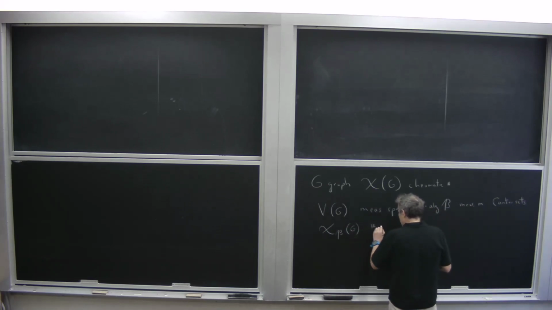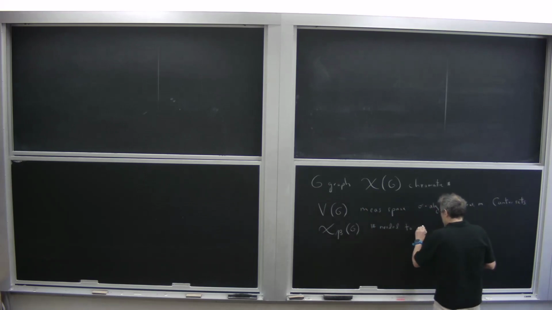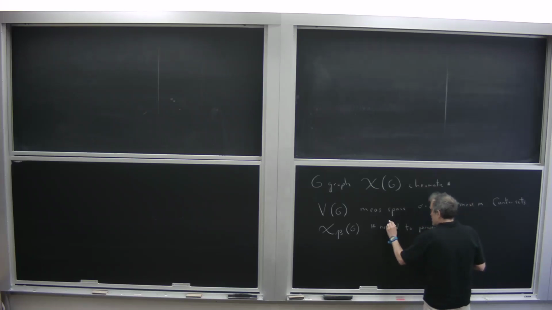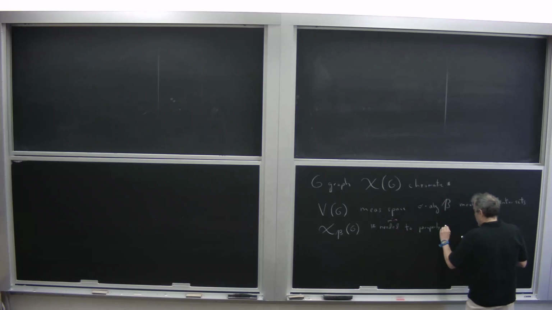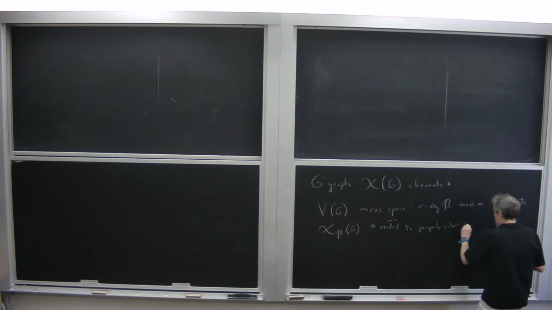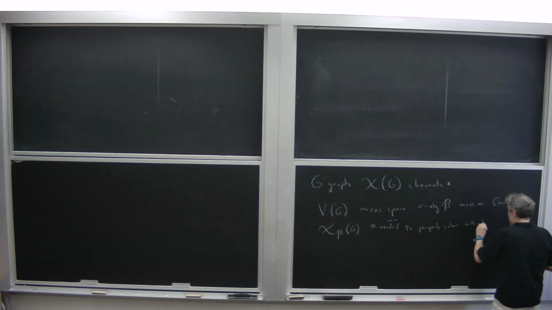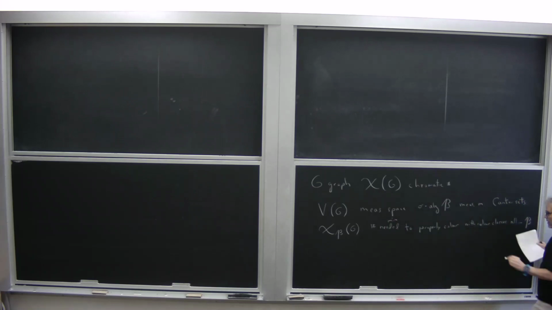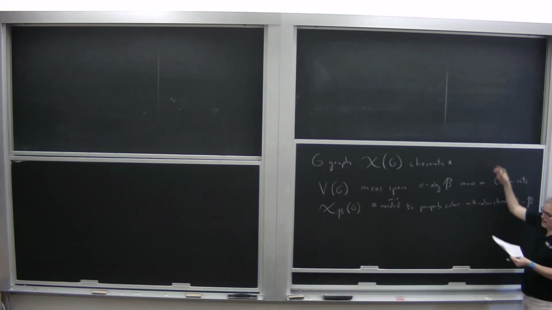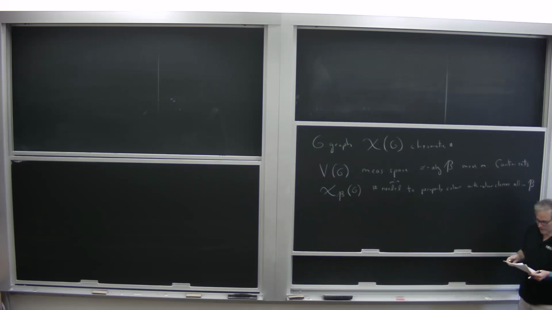So this is the minimal number needed to properly color, with the color classes all in our system, in the Borel sets, or in any sigma algebra you want it to be. Now, this is a well-known thing because this has been looked at for some 25 years or so.